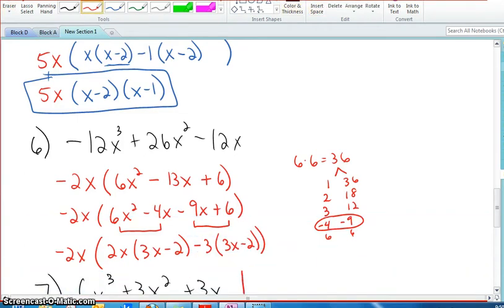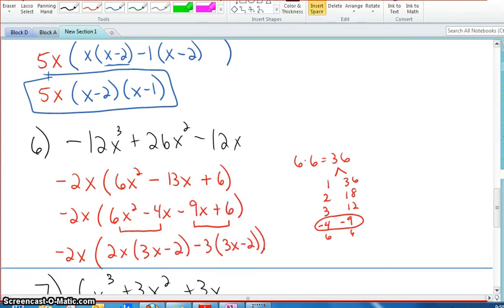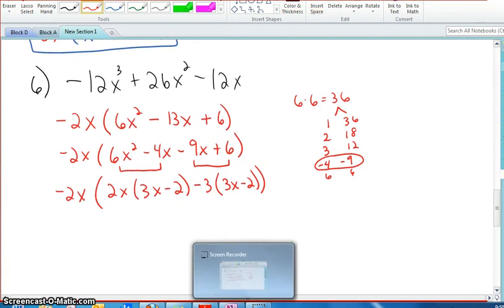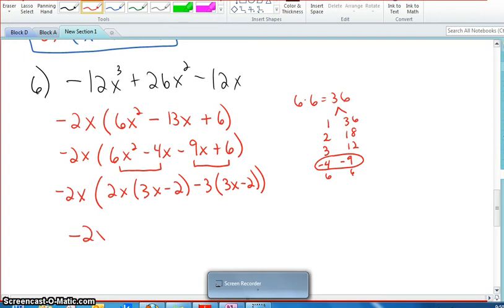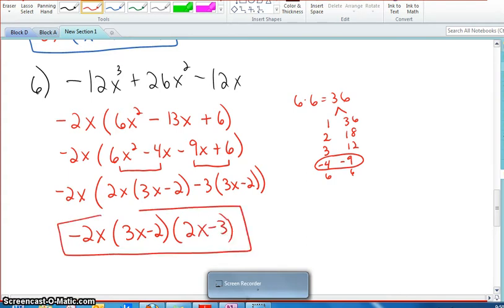Then my final answer becomes negative 2x, 3x minus 2 is the common binomial factor, and 2x minus 3. Just like that.